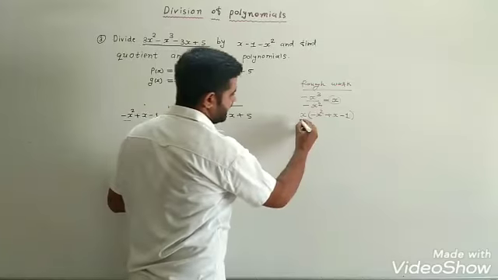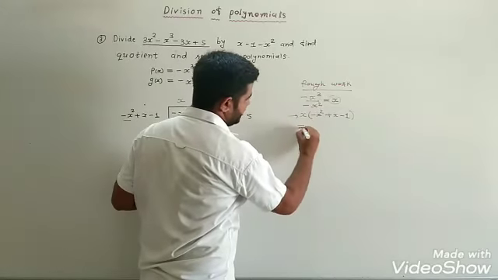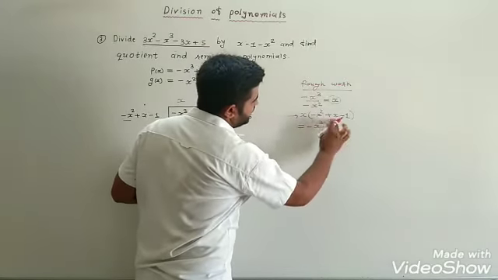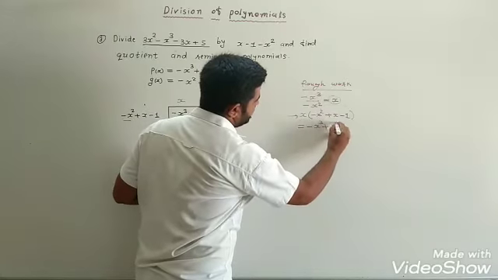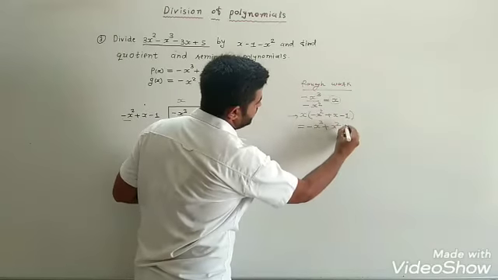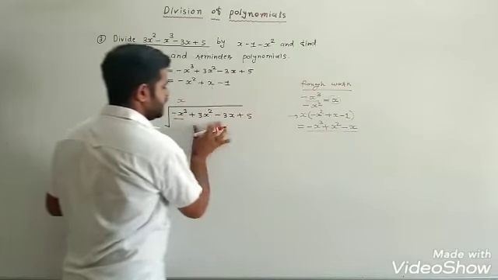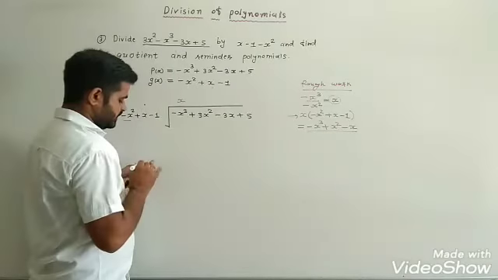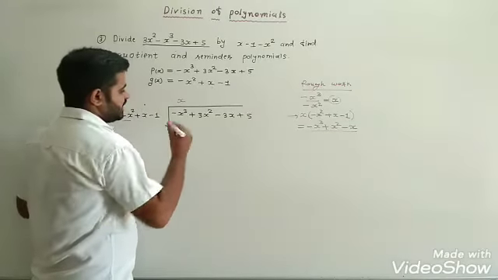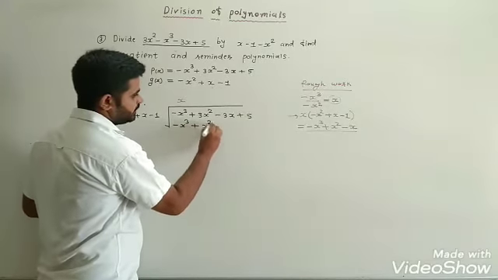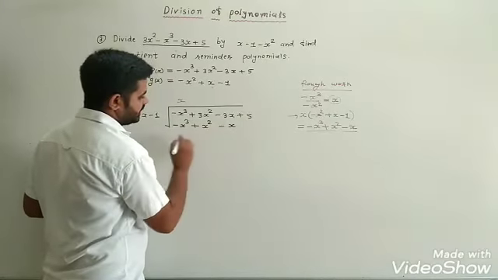If you leave the bracket, then the answer is minus x cube, x into x is plus x square, and x into 1 is minus x. Now you have to put this whole value here: minus x cube plus x square and minus x.